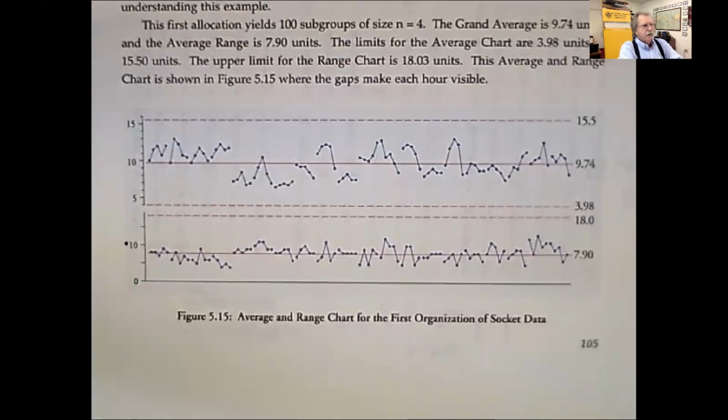Now, I left some gaps here, and those gaps make it easy for your eye to find an anchor. It's hour 1, A, B, C, D, E, hour 2, A, B, C, D, E, hour 3, A, B, C, D, E, hour 4, A, B, C, D, E, etc. How many times did Dave go out there each day? I've told you, he went out there 4 times each day.